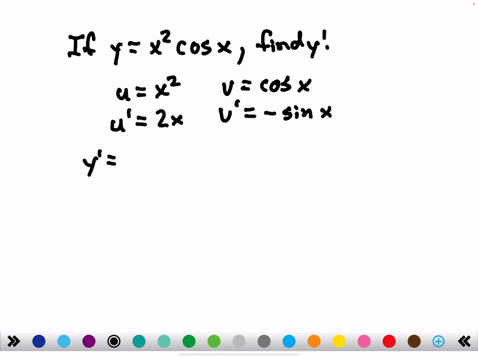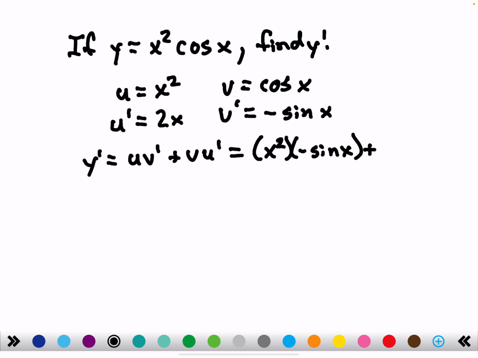Our first derivative, y prime, is uv prime plus vu prime. Now we plug them in. U is x squared times v prime, negative sine x, plus v, which is cosine x, times u prime, which is 2x.